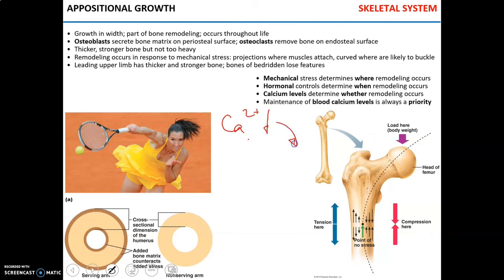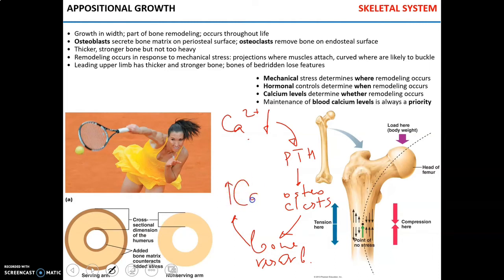That leads to production of parathyroid hormone, which stimulates osteoclasts, which stimulate bone resorption, which increases calcium levels. So you can see if calcium levels are low in the blood, then parathyroid hormone will stimulate destruction of the bone rather than remodeling.